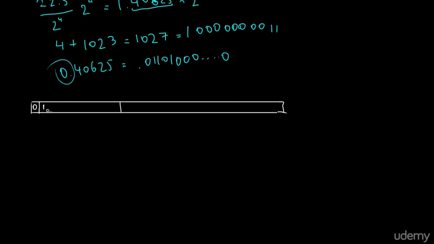The leading digit of the exponent is a 1. Then we have a bunch of zeros, and then 1 here and 1 here. So this is the storage for 1027, because 1027 happens to be 1024, which is this bit, plus 2 plus 1. That's 1024 plus 2 plus 1, which is equal to 1027. That's exactly what we get.